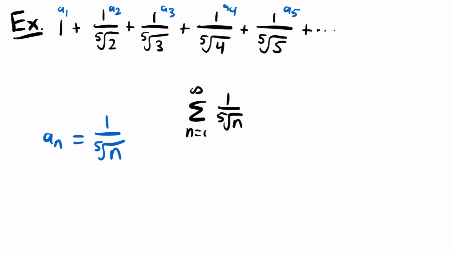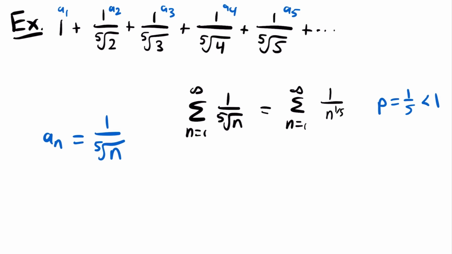And remember that the 5th root would be the same as taking n to the power of 1/5, and so this is equal to the sum from n equals 1 to infinity of 1 divided by n to the 1/5 power. And so now you can see that we have a p-series that represents this infinite sum of terms where p is equal to 1/5 and 1/5 is less than 1.